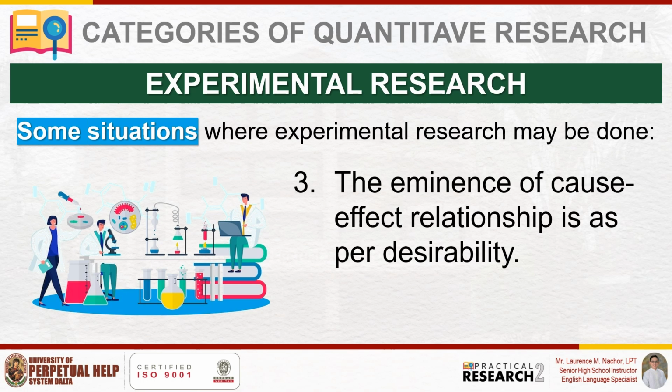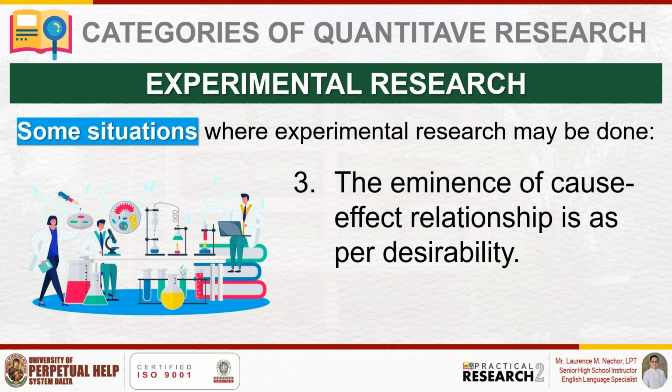Next, the eminence of the cause-effect relationship is as per desirability. Here, it suggests that the significance or importance of a cause and effect relationship depends on how desirable or valuable the outcome is considered.